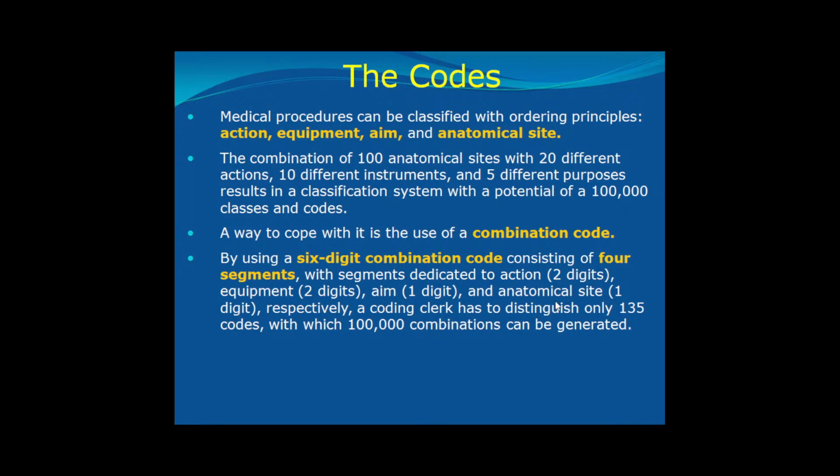A way to cope with it is the use of a combination code. By using a 6-digit combination code consisting of 4 segments, with segments dedicated to action 2 digits, equipment 2 digits, aim 1 digit, and anatomical site 1 digit, respectively, a coding clerk has to distinguish only 135 codes with which 100,000 combinations can be generated.